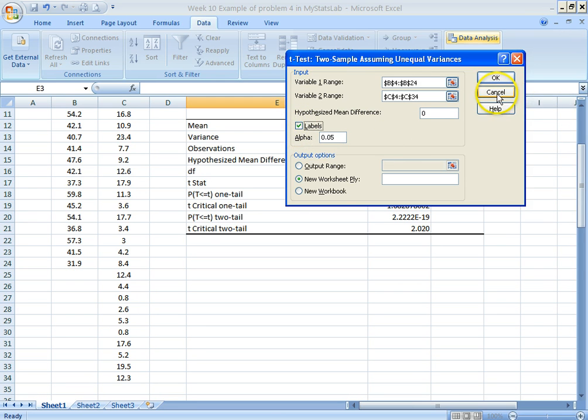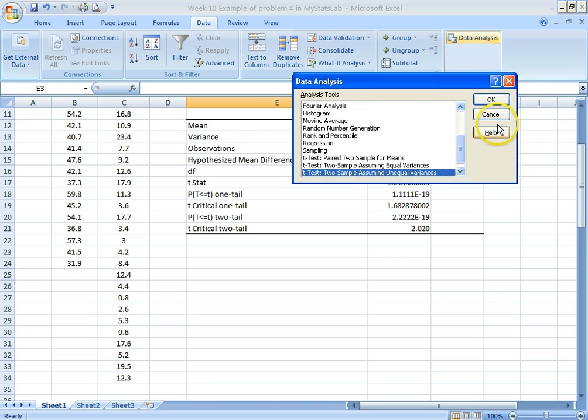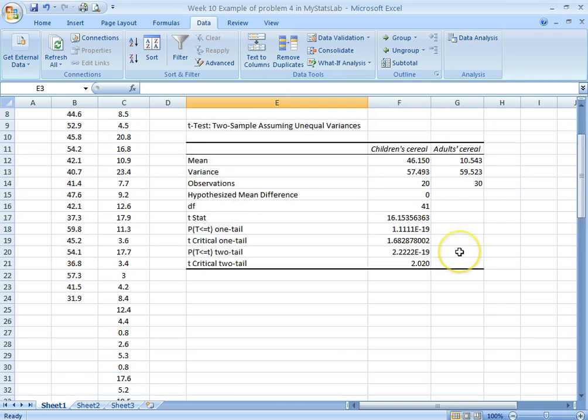I'm going to cancel this, but you click OK, and this is the results that you get. So we have the mean of both samples, the variance, the number of observations, degrees of freedom, our t-stat, p-stat for one tail, t-critical for one tail, p for two tail, and t-critical for two tail.